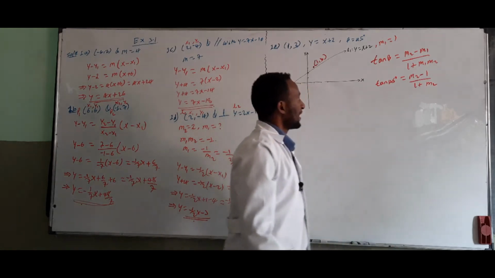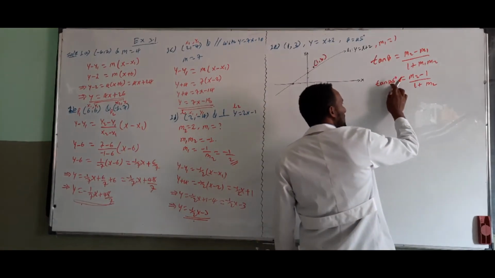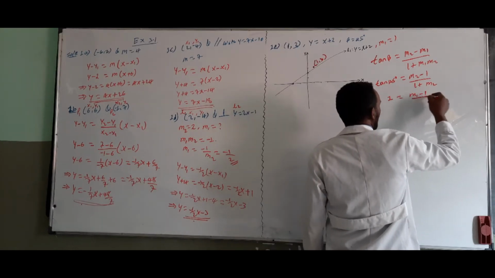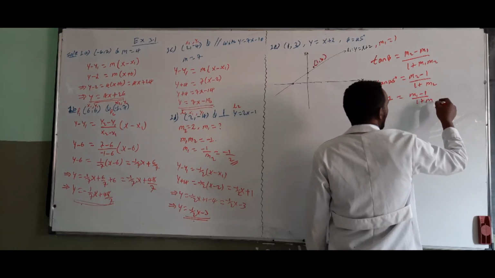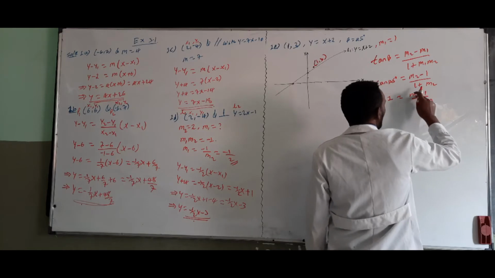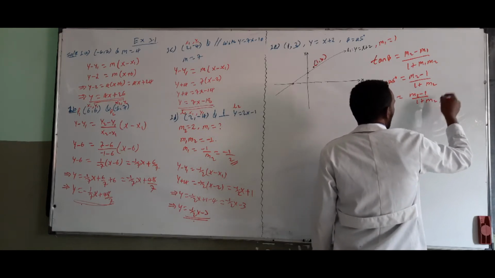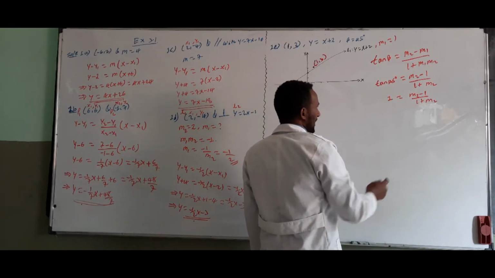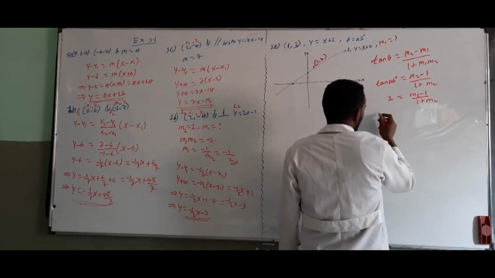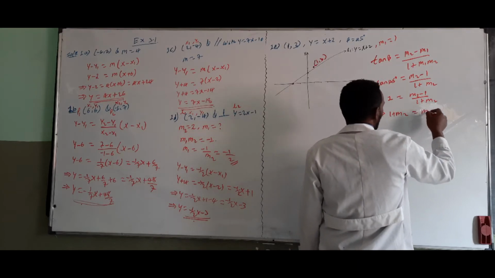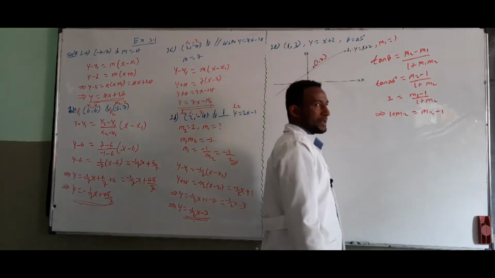Then tan of 45 degrees means 1 is equal to m2 minus 1 over 1 plus m2. Then by crisscross we get 1 plus m2 is equal to m2 minus 1.